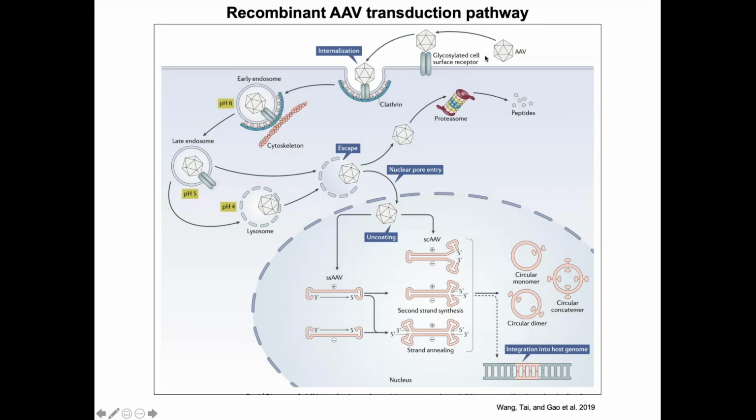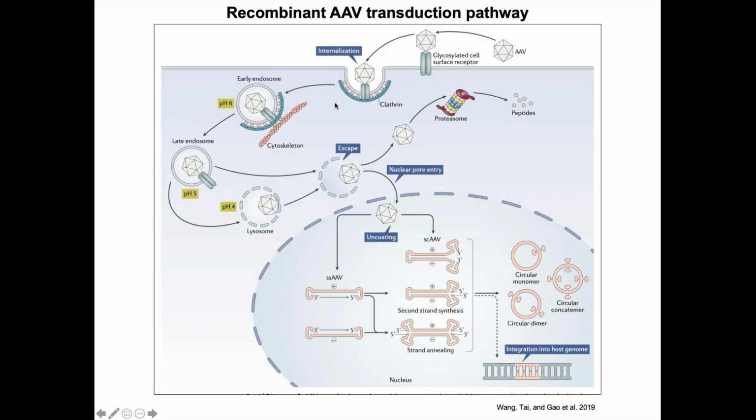So the central dogma for AAV transduction is really that the AAV capsid is central to its tropism, or its ability to target tissues of interest as well as cell types of interest. They bind to glycosylated cell surface receptors as a primary receptor, along with secondary receptors that differ between individual serotypes.